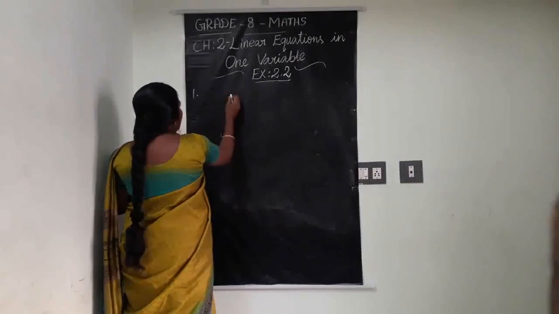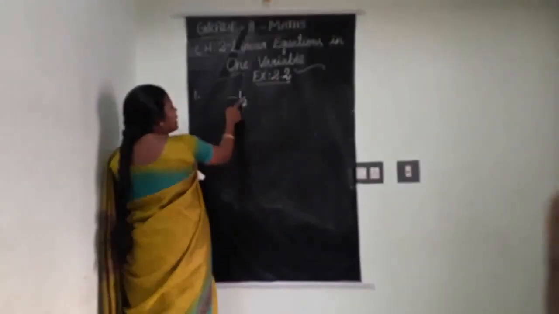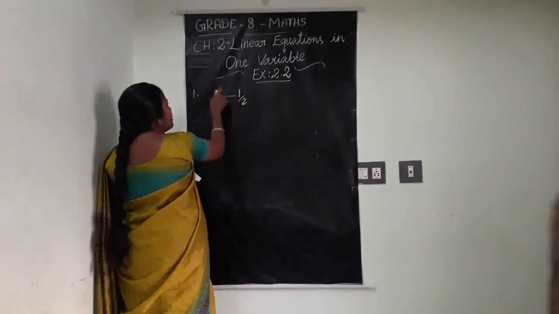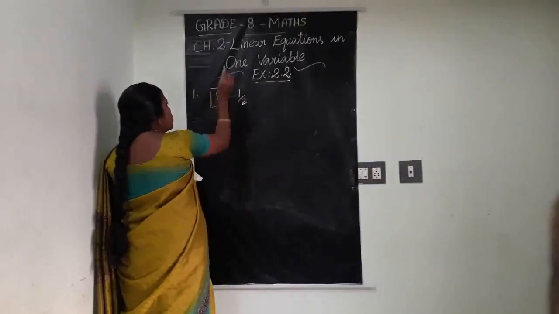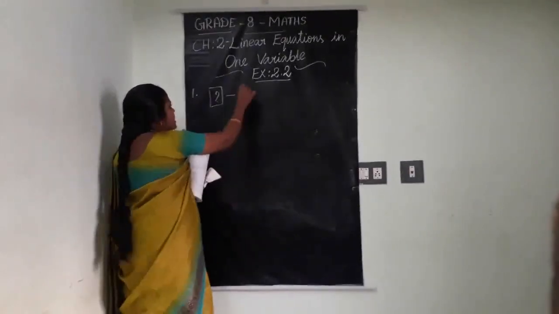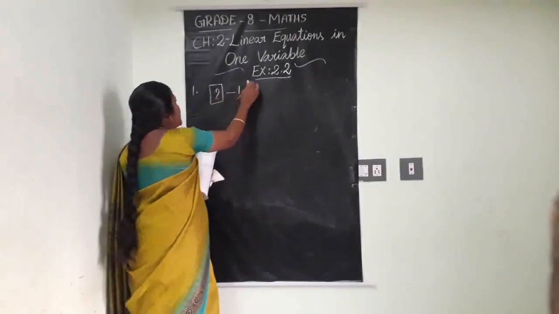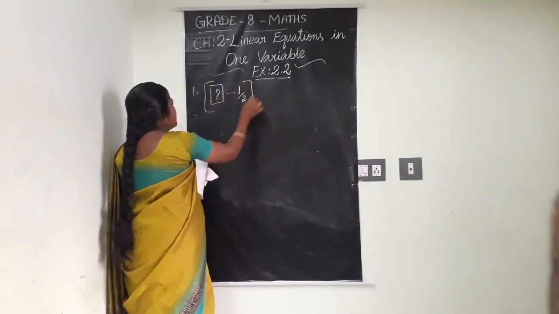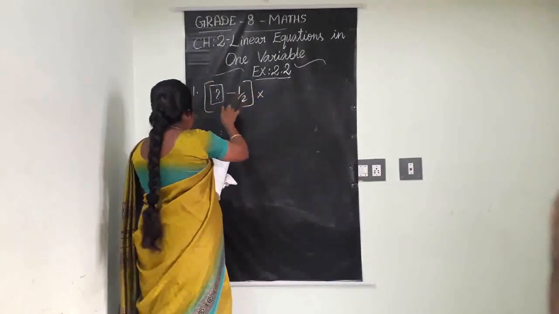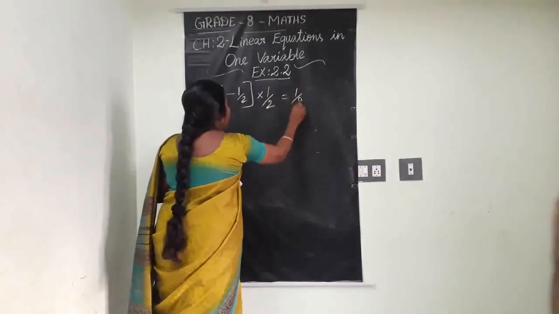If you subtract half from a number, we don't know that number. We have to find it. The result is, if you subtract half from a number and multiply the result by half, you get 1 by 8.